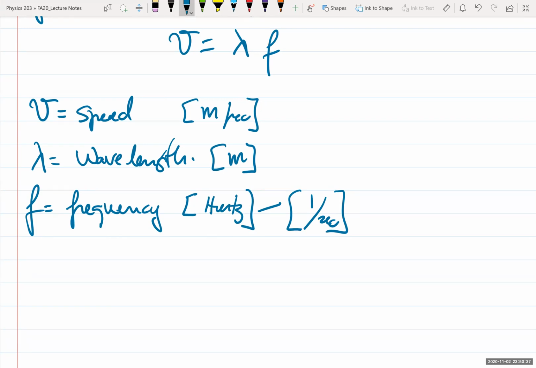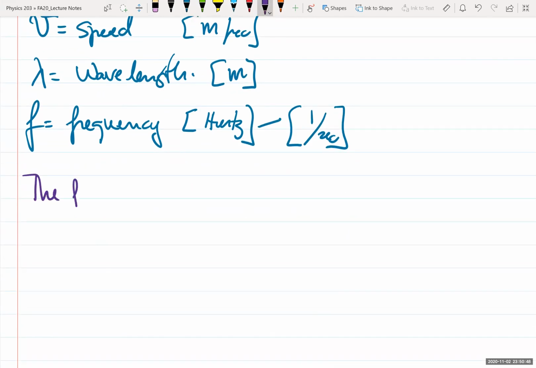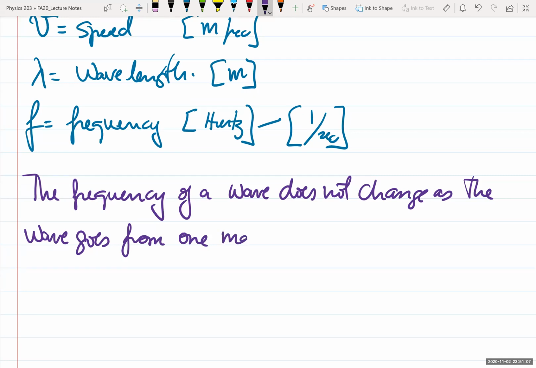As a wave passes from one medium to another, something very particular happens. The frequency of the wave does not change as the wave goes from one material to another.